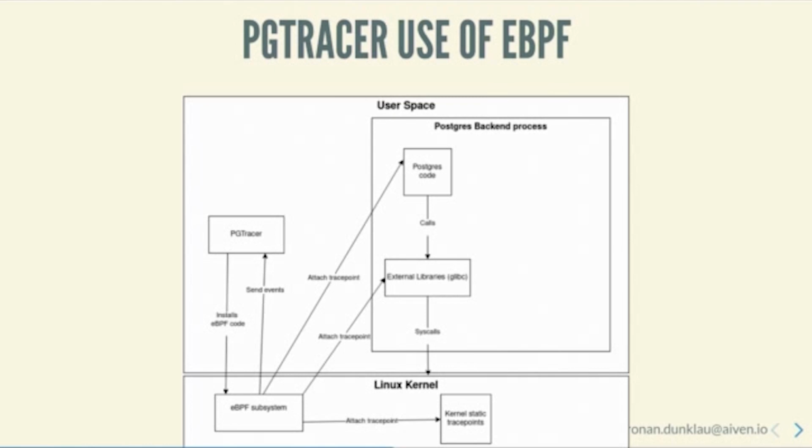And whenever those functions are called, the eBPF code will be triggered. And this code will send events through the ring buffer that the client program PGTracer can then consume and display things about. So you can see it as a publishing events architecture.